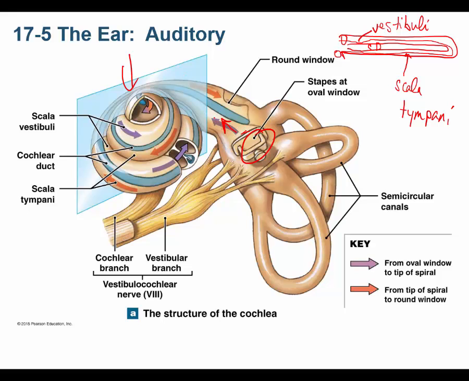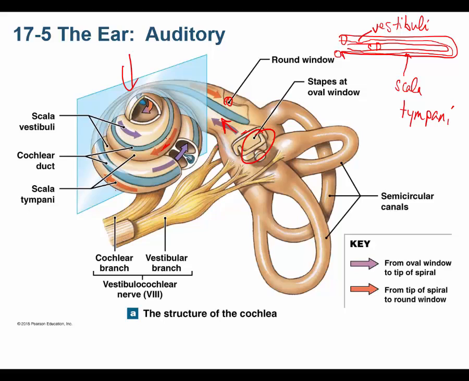Well, my sound wave is traveling through here. You follow the purple arrows. Here are the purple arrows, the scala vestibuli, and you keep going around the circle. And then when you turn the corner, you're becoming orange, I believe. Yep, orange right here. When you turn the corner and you start going back out, now you're the orange arrow, and this is the scala tympani. And at the end of the orange arrow, you're going to hit this round window right here.